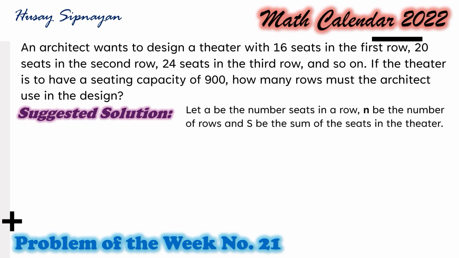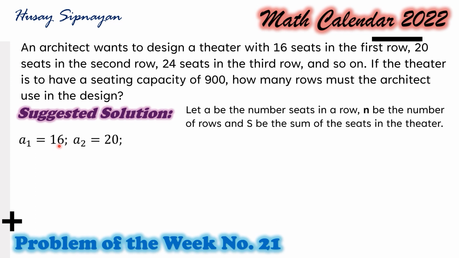Let A be the number of seats in a row, N be the number of rows, and S be the sum of the seats in the theater. In our problem, we're looking for the value of N. From the given information, we have 16 as the number of seats in the first row, then A sub 1 is equal to 16.